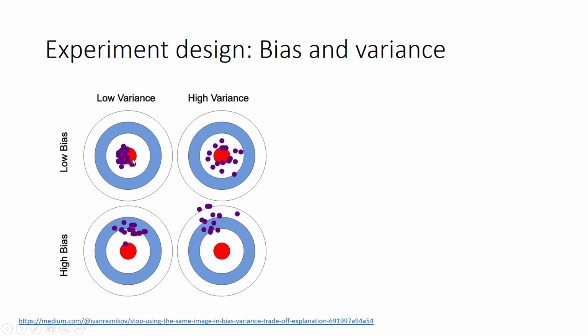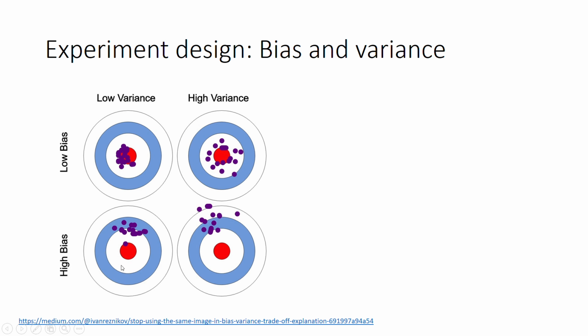We may be in a little worse situation in which the average is still the true target value, but our observations are more variable. This would be the case, for instance, if you have a smaller sample size. And there are two other situations in which you really don't want to be.